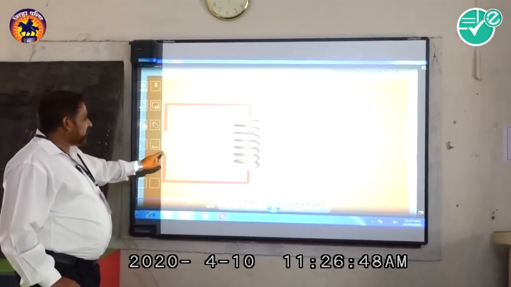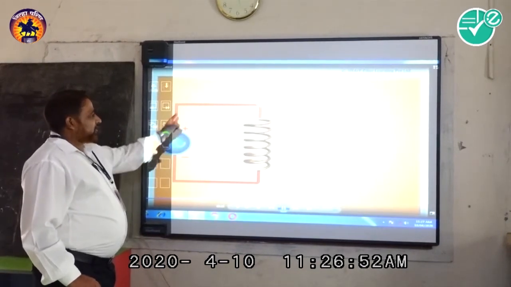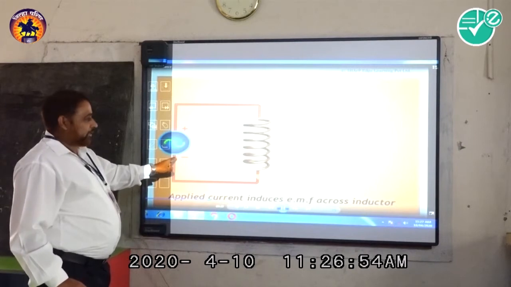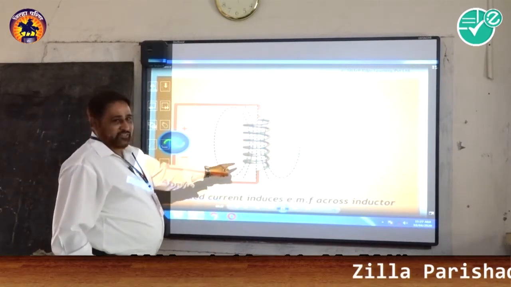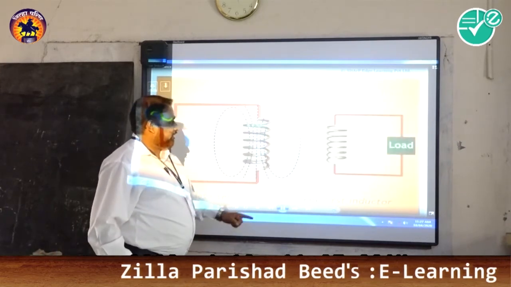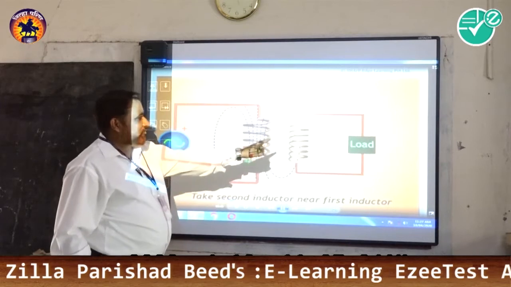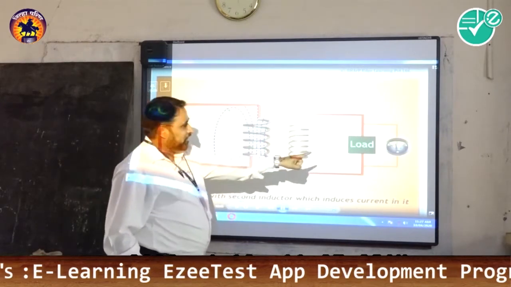Here is an inductor coil. The battery is connected here. The current flows into that coil, the primary coil, whereas flux is produced in the same coil. Now the second coil is there, the neighboring coil, that is the secondary coil, across which a load is connected, and a galvanometer is also there.